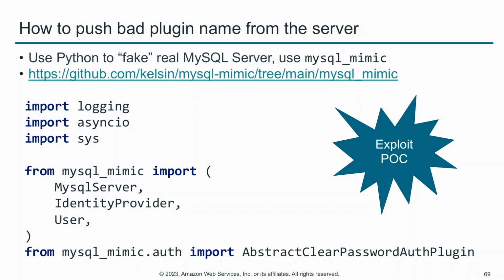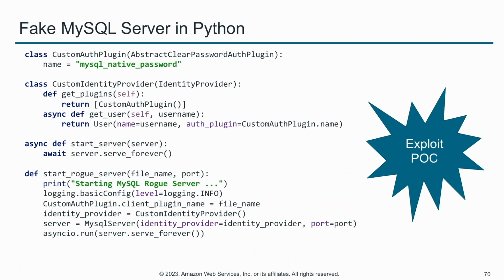It supports SSL, it supports all the features, it's very flexible. So I was able to write a rogue server which will push the plugin name that I supply from the command line. Right, so I created this, overloaded this class, custom identity provider, and pushed the plugin name.